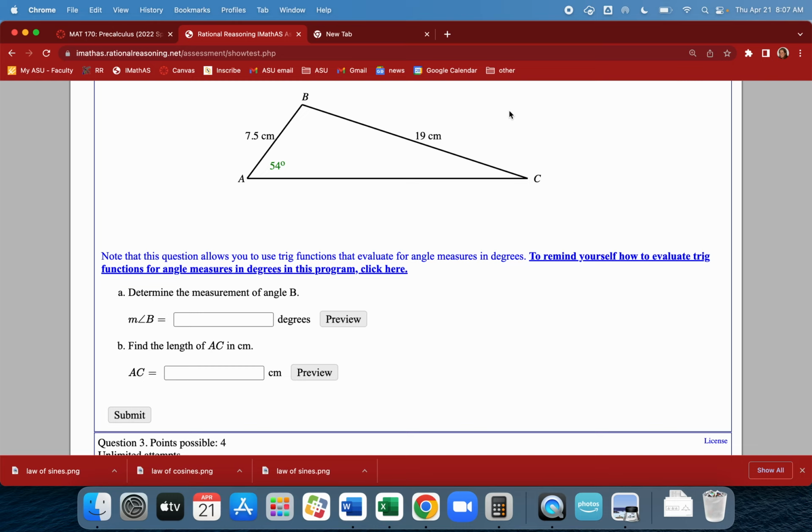We still don't have angle B or side B, but we actually know angle B at this point, because 180 degrees should be the sum of the three angles of a triangle, and we just found the second angle. So now we have two angles, and I just made up this 19. But if we have 54 and 19 degrees, oh, I shouldn't have made up 19 because then it matches that side length. Let me call it 21.